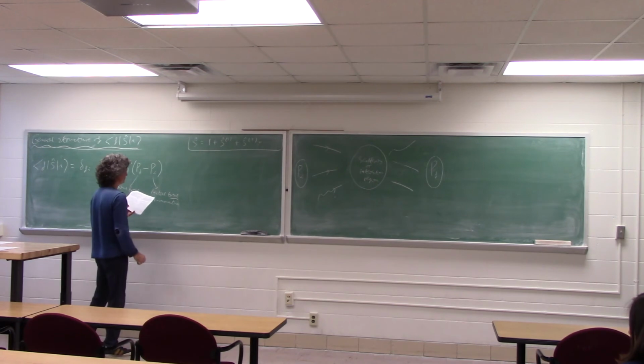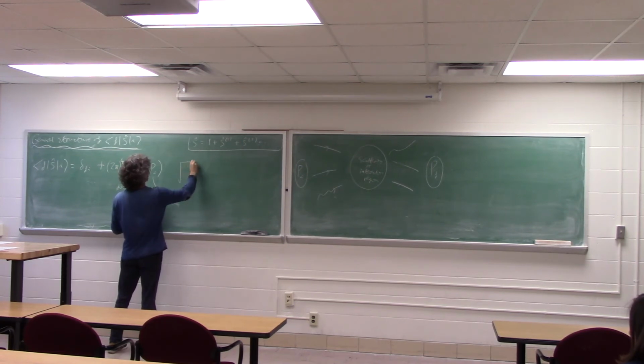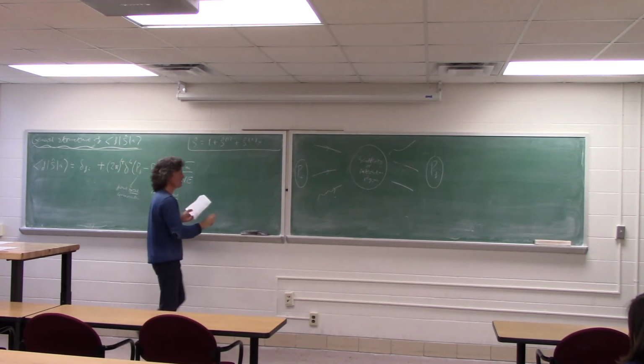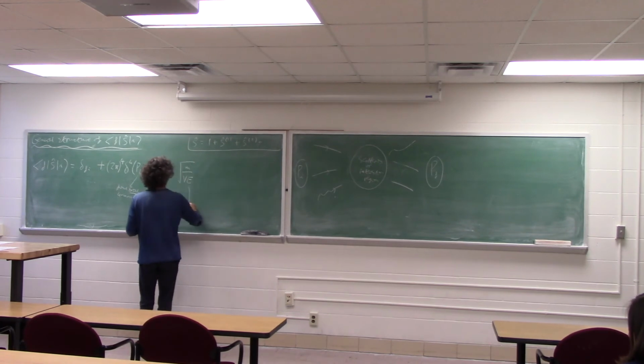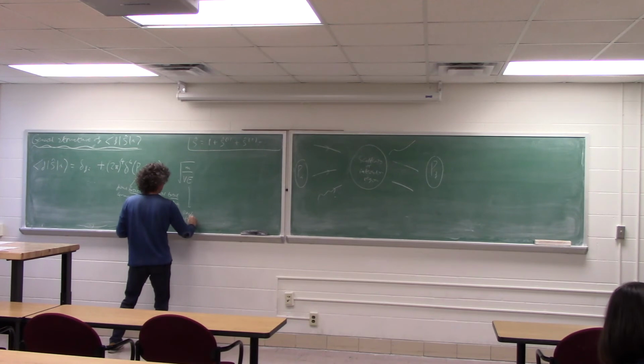Then we find that there are some factors. Let's write it like this. There are factors square root of m over VE for each external fermion.